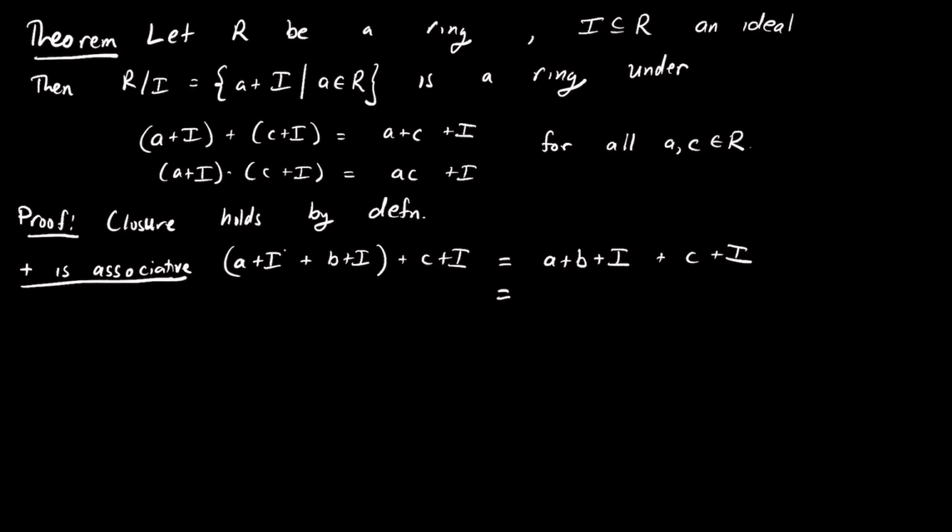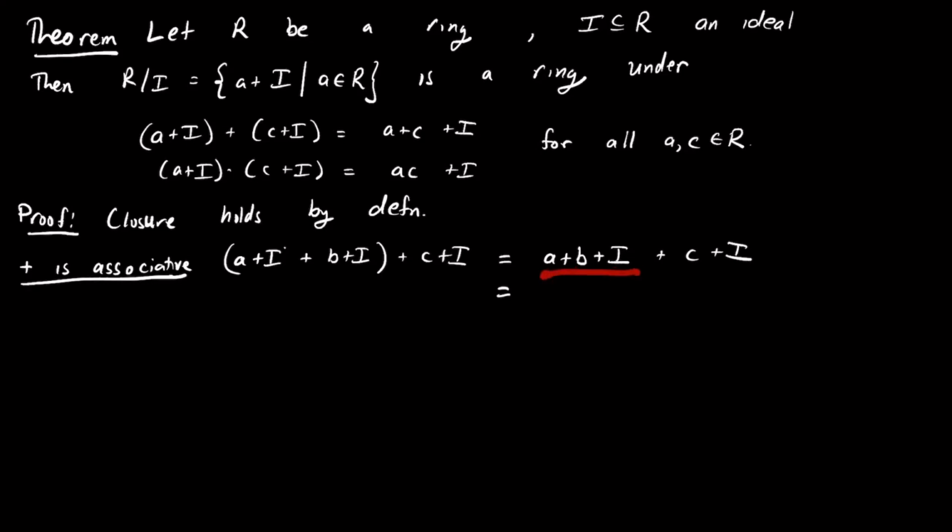And what is this? Well, I'm adding one coset, namely (a plus b) plus I, to another coset, namely c plus I. So that's going to be (a plus b) plus c plus I. And then I know that addition in my ring is associative, so I know that (a plus b) plus c is the same as a plus (b plus c), plus I.